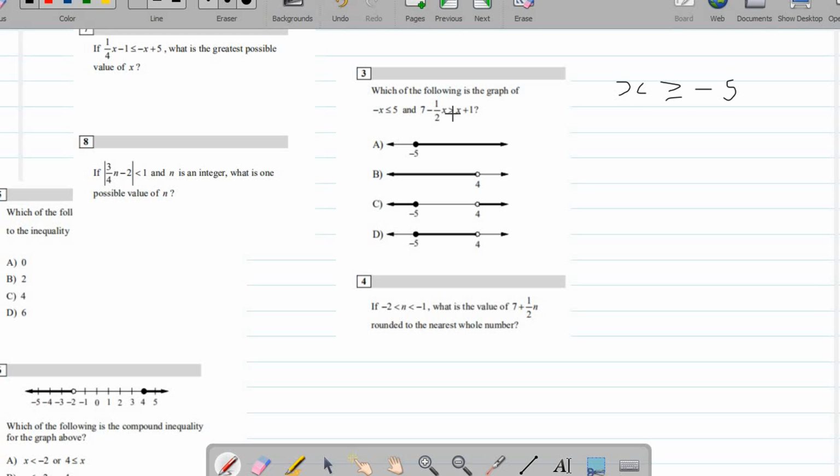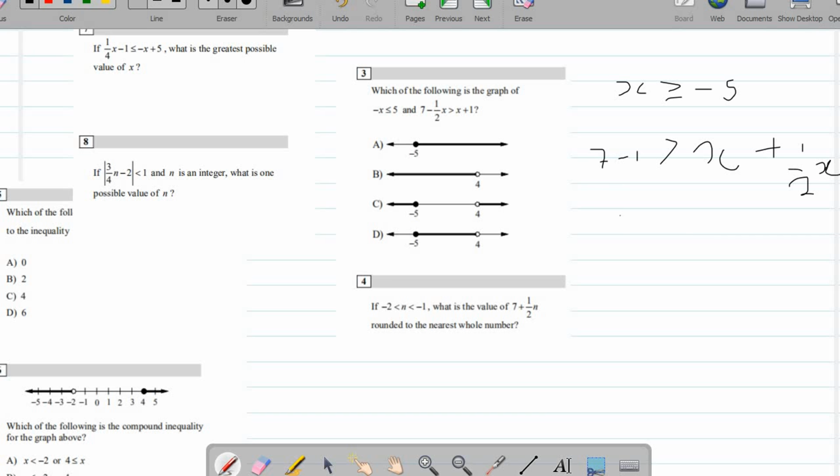So we have 7 minus 1 over 2x is greater than x plus 1. The next thing you do here is rearrange this. You have 7 minus 1, which is greater than x plus 1 over 2x. Remember, this is the same thing as saying 3 over 2x.